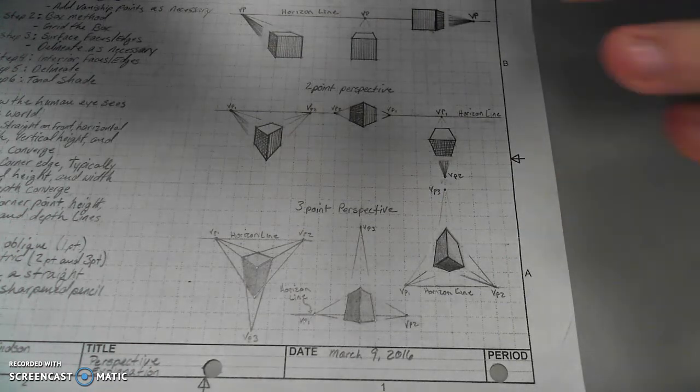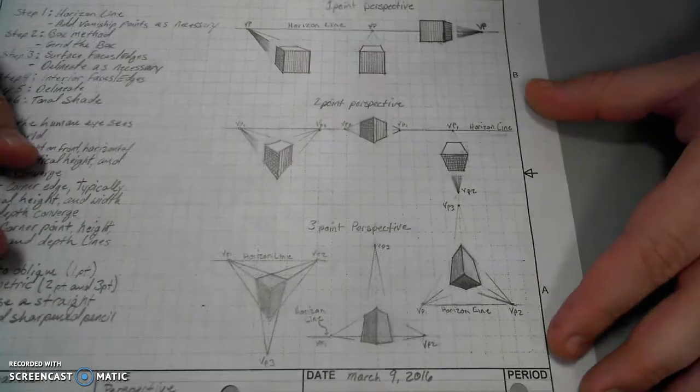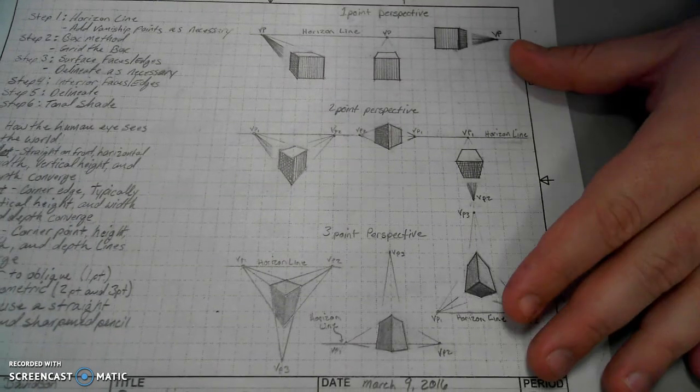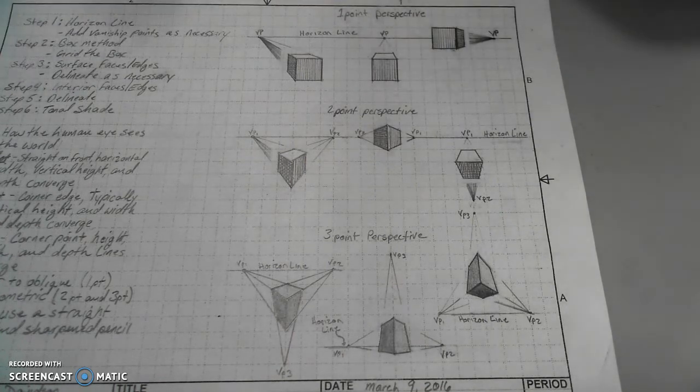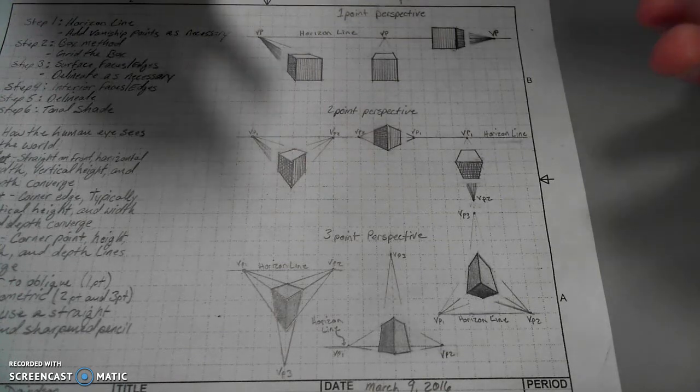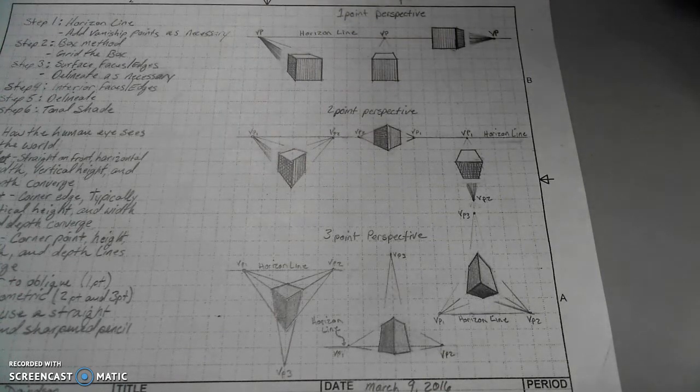You'll notice that with all of these objects, whether it be a 1, 2, or 3-point perspective, any line moving toward the vanishing point does converge, and at the same time, it makes that feature as it moves back in depth in a 1-point, back in depth and width in a 2-point, or in all 3 directions, height, width, and depth in a 3-point, appear to get smaller as it moves away from us.